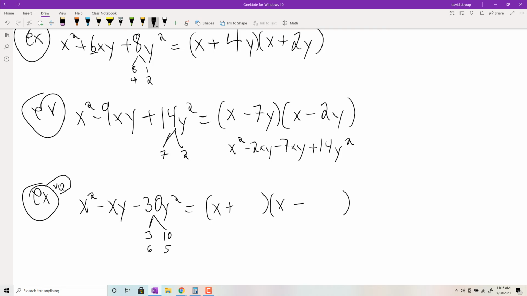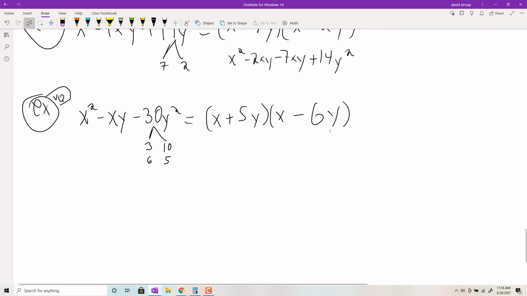Okay, and we need the bigger number to be negative. And of course tack in that y. Don't forget the y. And then FOIL it back out to make sure it works. x squared, outer minus 6xy, inner plus 5xy, last minus 30y squared. Looks like it works. Okay, so that's your video quiz question.